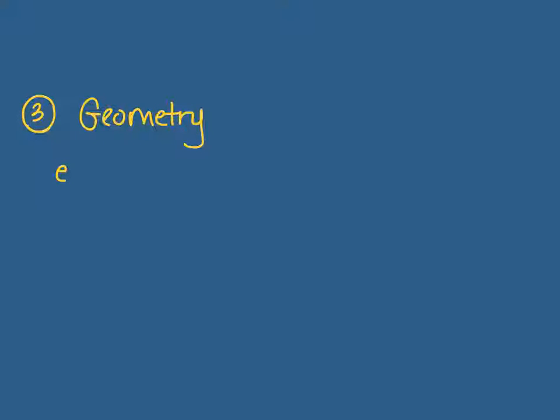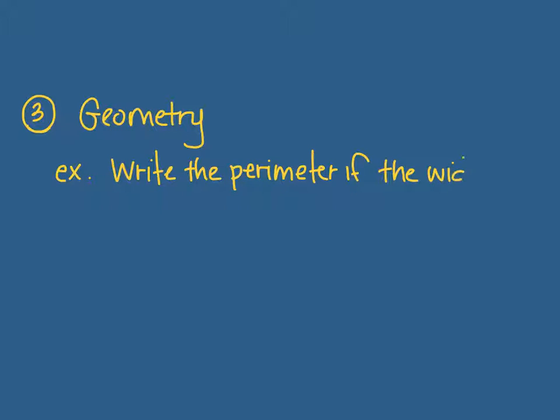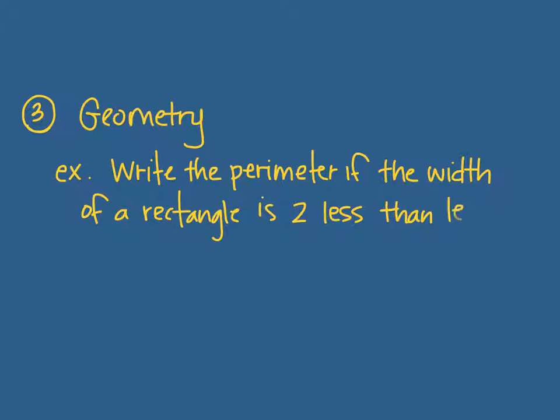So here's the first one, something like this. Write the perimeter if the width of a rectangle is 2 less than the length.